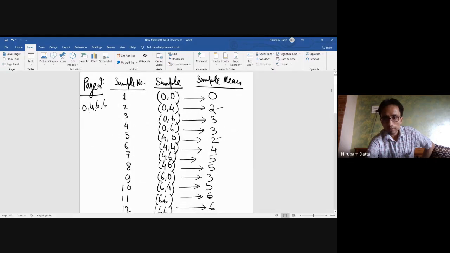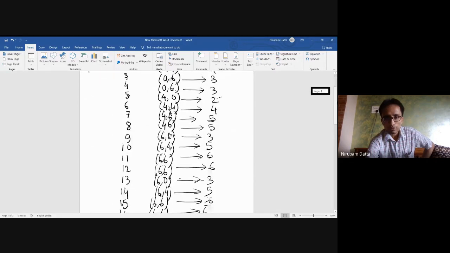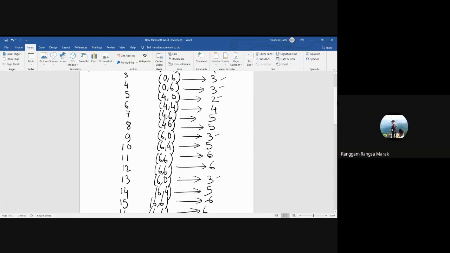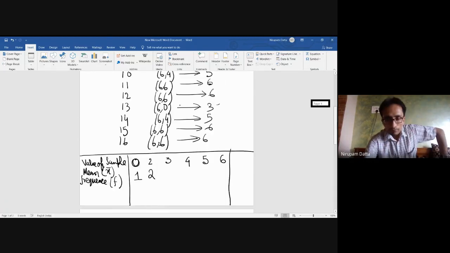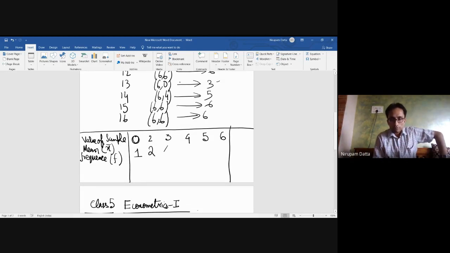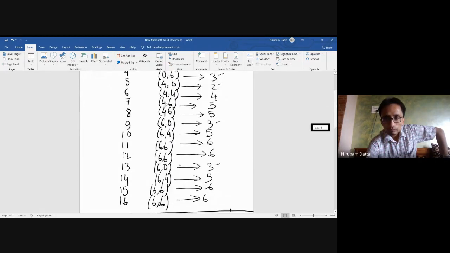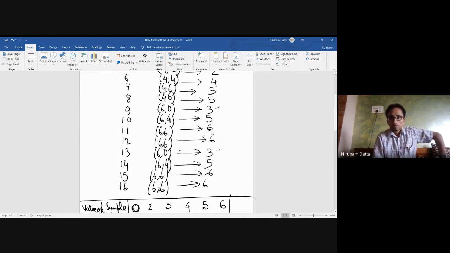How many number of times 3 is appearing? Let us see. 1, 2. So 1, 2, 3, 4 times. Done. How many number of times 4 is appearing? Only 1 time.